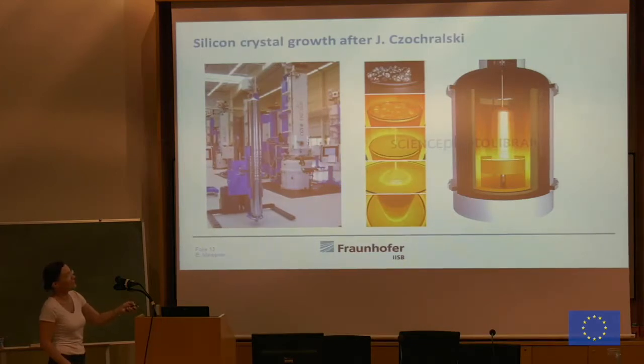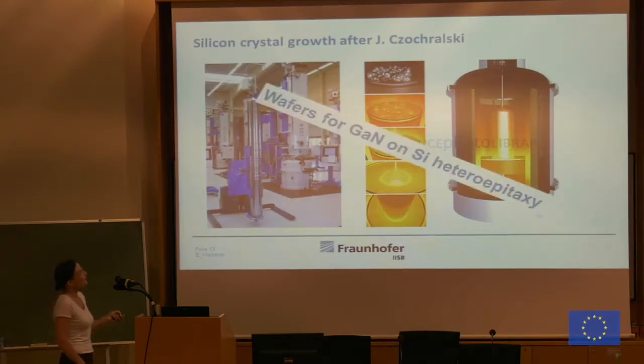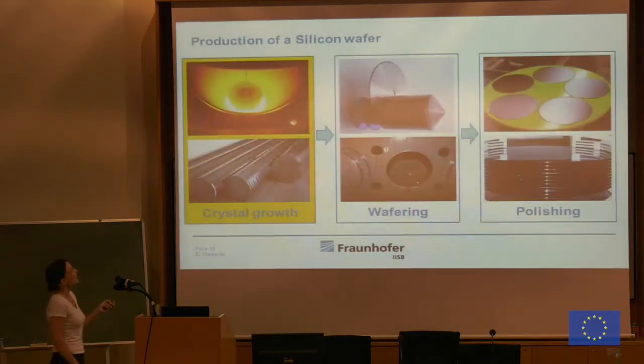You dip the crystal somewhere and seed it, and then you pull it out to the top of the crystal growth machine. And what comes up is a meter-high crystal, and this is a technique which produces the wafers for the gallium nitride on silicon hetero-epitaxy. So this is our competitor for the crystal growers. And this is a really harsh competitor.